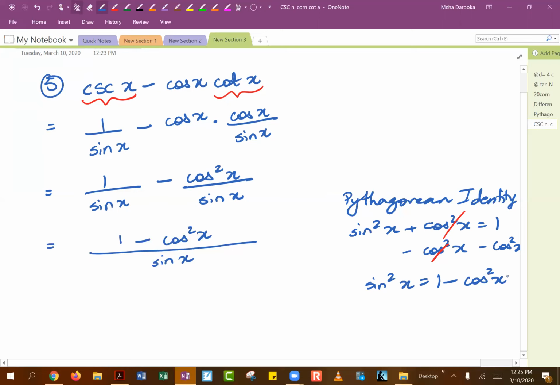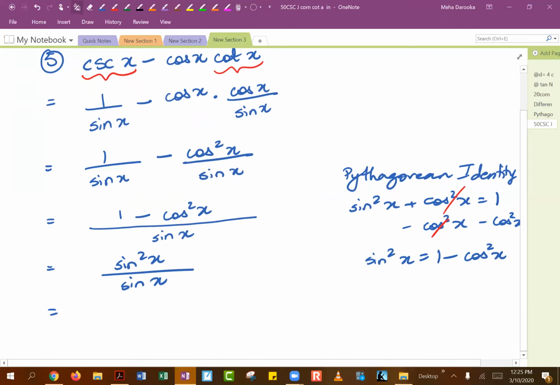And that's where the substitution will happen. So 1 minus cosine square will become sine square of x. You're dividing it by sine of x. What do you get? Sine x, yeah. The sine on the bottom is getting rid of one of the sines on the top, giving the sine.